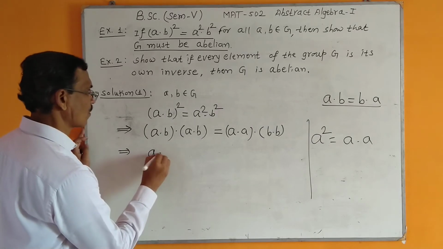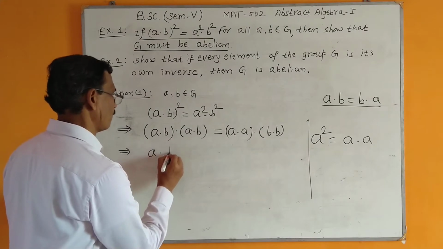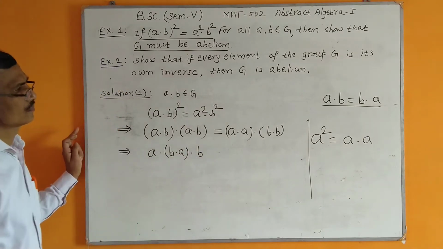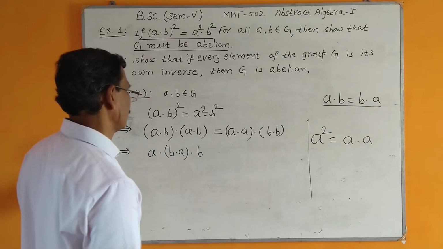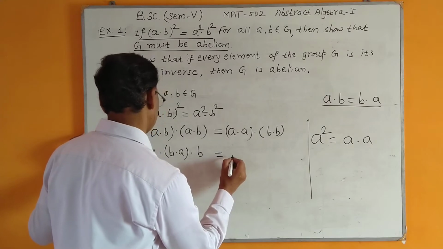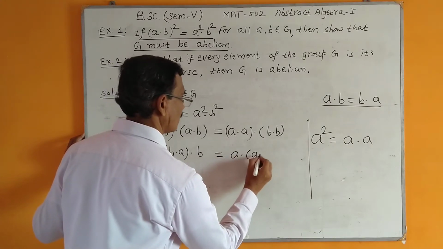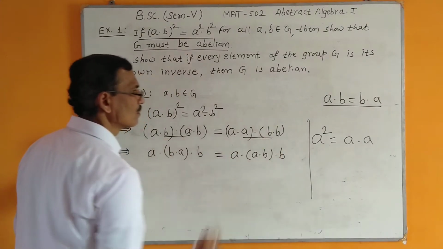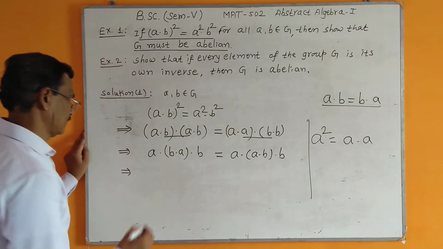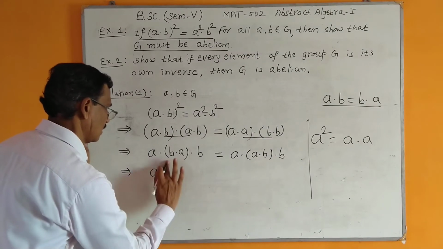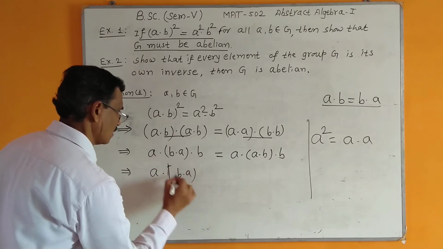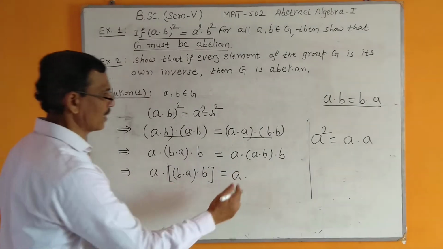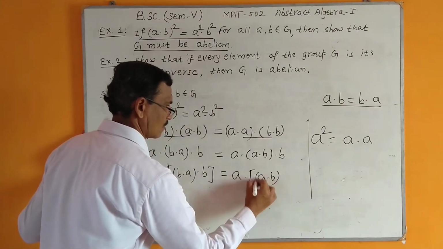The left side can be written as a·(b·a)·b, and the right side as a·(a·b·b), where by the associative property, elements are taken in one bracket.